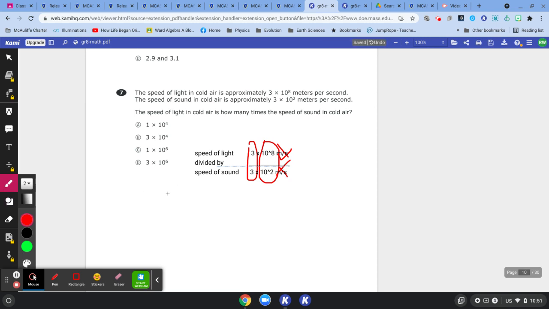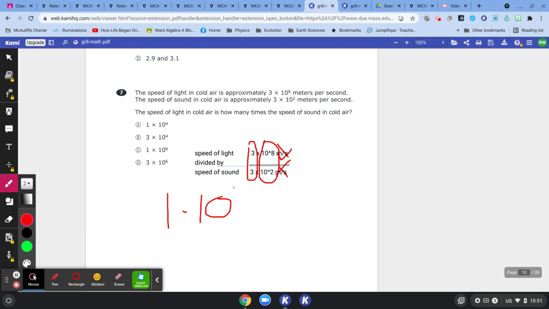So 3 divided by 3 is 1, and then that's going to be times 10 to the 8th divided by 10 to the 2nd. Since this has 8 factors of 10, and this has 2 factors of 10, if we wrote them all out, 10 times 10, and so on, over 10 times 10, we would factor out 2 of them from numerator and denominator.